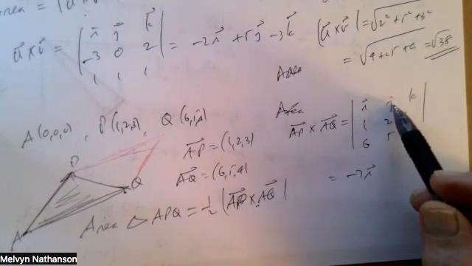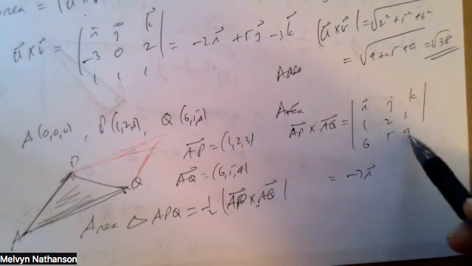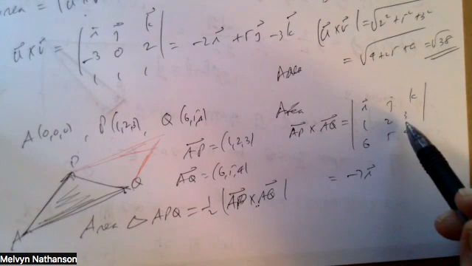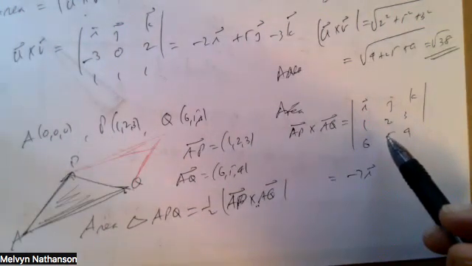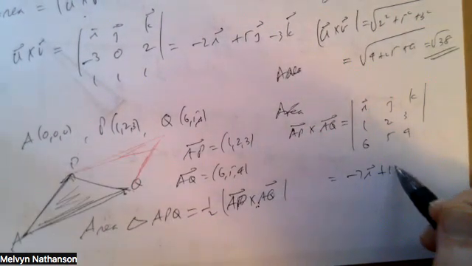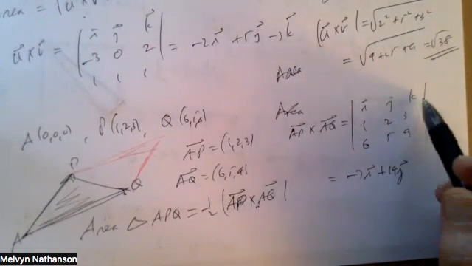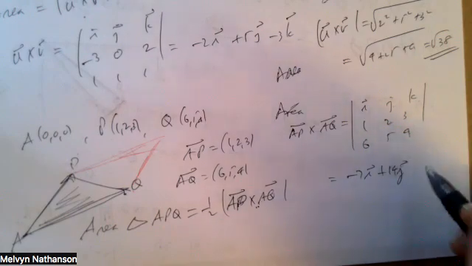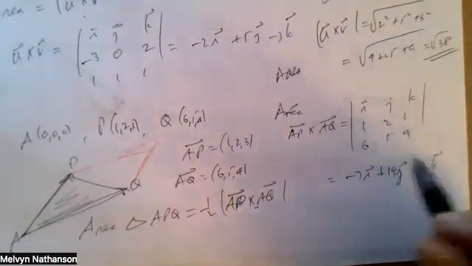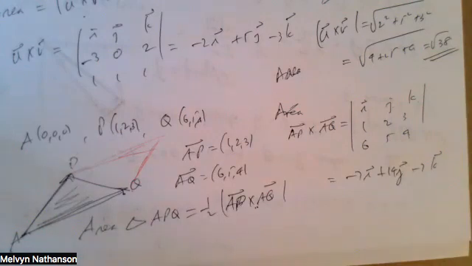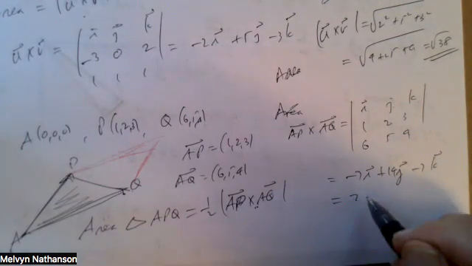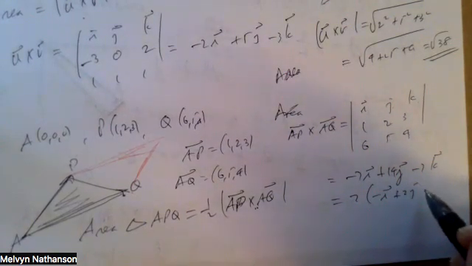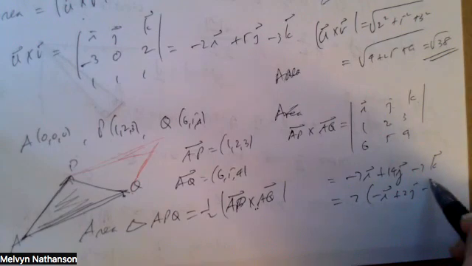Minus the coordinate of j, which is 4 minus 18, which is minus 14, and minus minus 14 is plus 14. For k, I have 5 minus 12, which is minus 7k. Or if you like, 7 times the vector minus i plus 2j minus k.